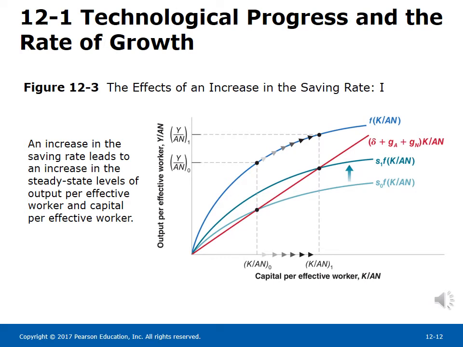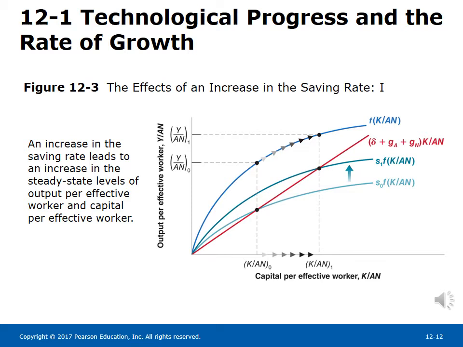(12-1) Technological progress and the rate of growth. Figure 12-3 shows the effects of an increase in the saving rate. 1. An increase in the saving rate leads to an increase in the steady state levels of output per effective worker and capital per effective worker. An increase in the saving rate is shown by an upward shift of the investment per effective worker curve, shown by the arrow pointing up.